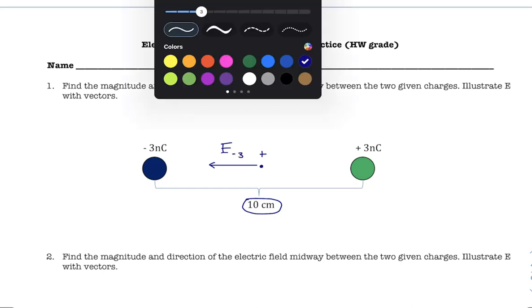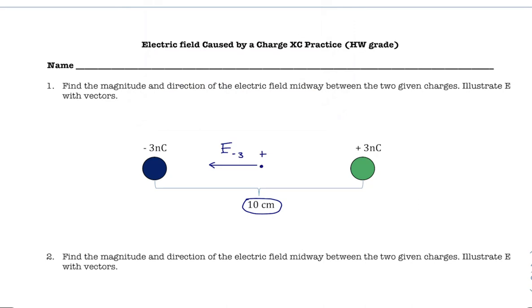Then +3, a positive charge would be repelled by a positive charge. So this field, which will be from this charge right here, would also point to the left. And it's going to be right here, marked as E of the +3. And I'm just being lazy, not writing nanocoulombs, but that's what is meant.